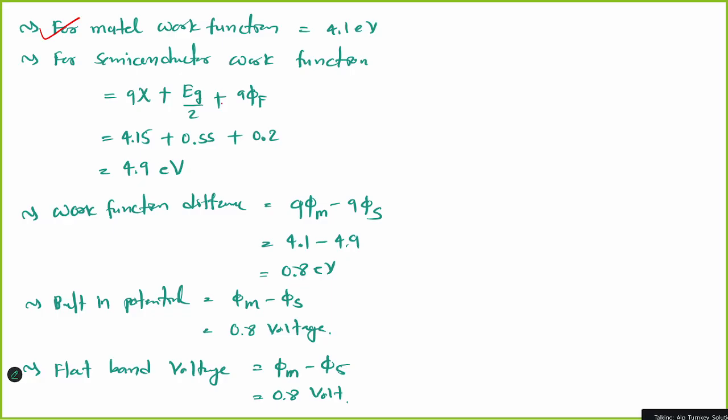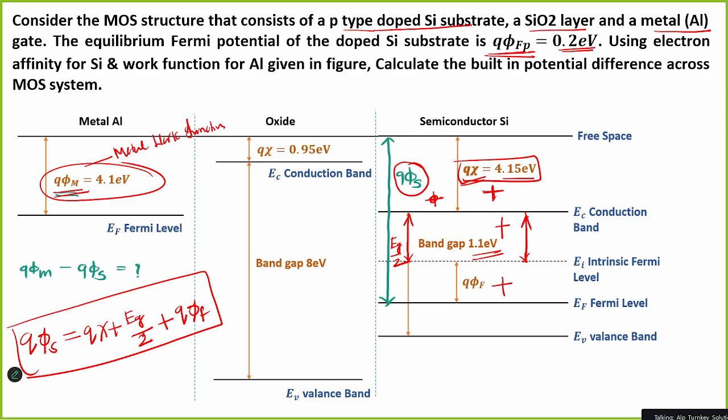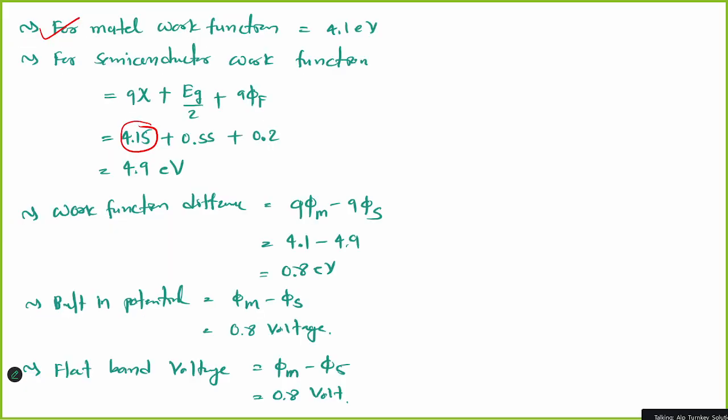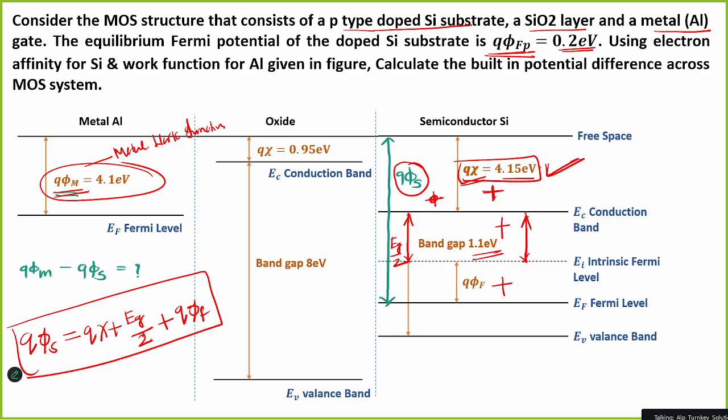Here q times chi equal to 4.15 is already given. And Eg equal to 1.1 electron volt, so Eg by 2 is 0.55 electron volt.